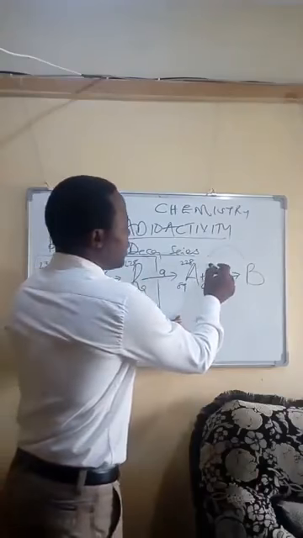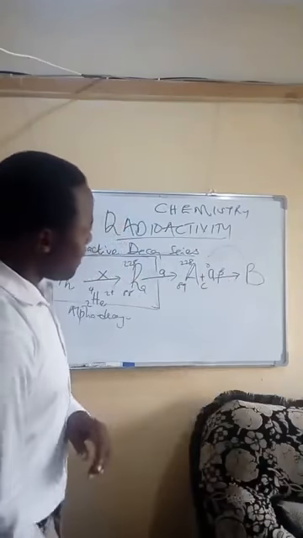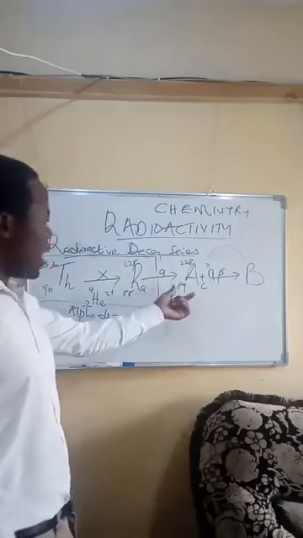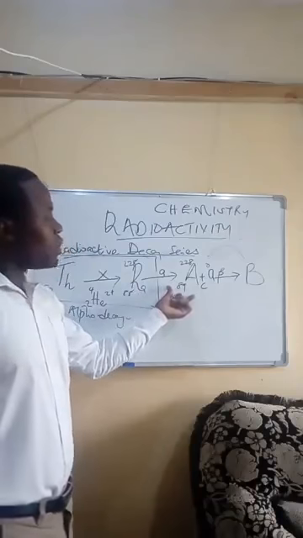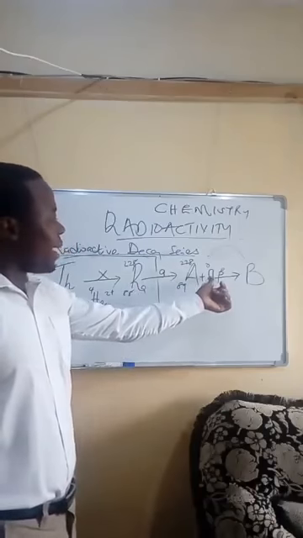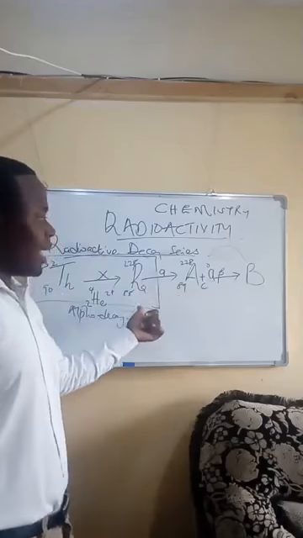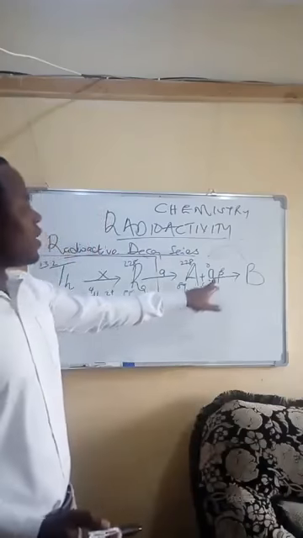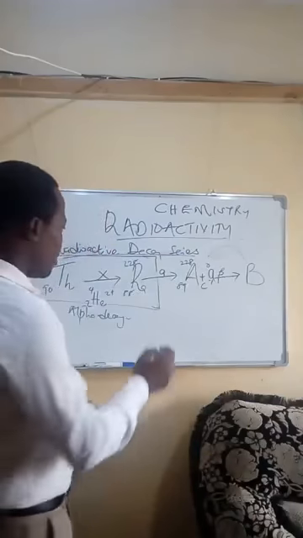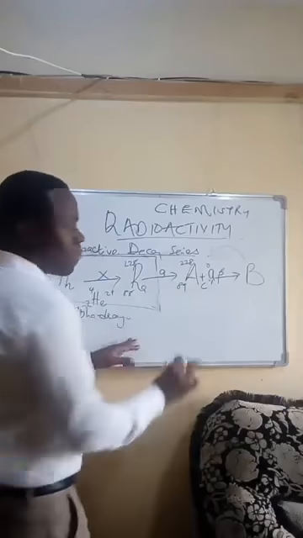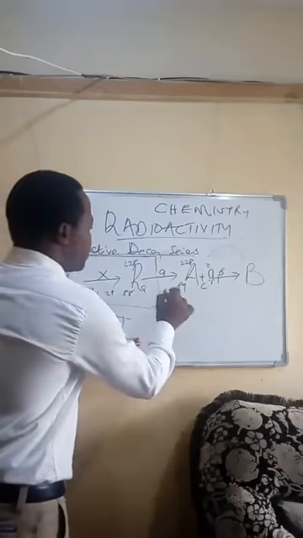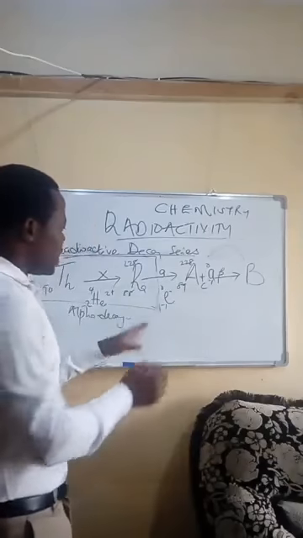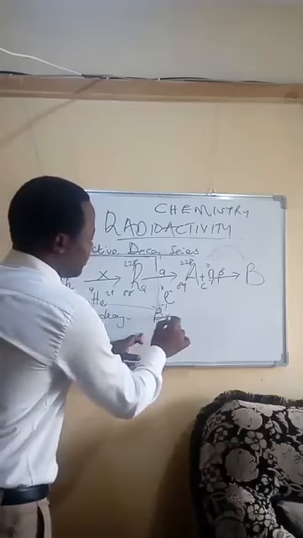So this is obviously going to be 0. And the number down here is 89, and you're going to add it to another number X here to give you 88. So this is going to be -1. So this obviously is an electron, because we said an electron will be indicated this way. Remember our previous lesson. So this is beta decay.